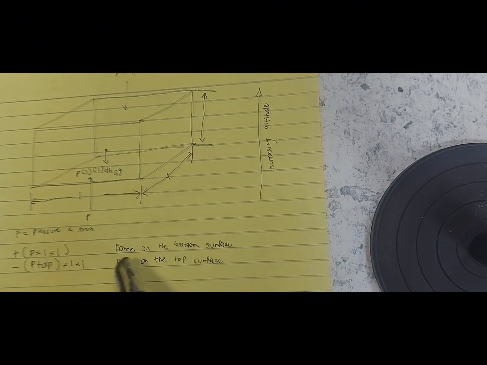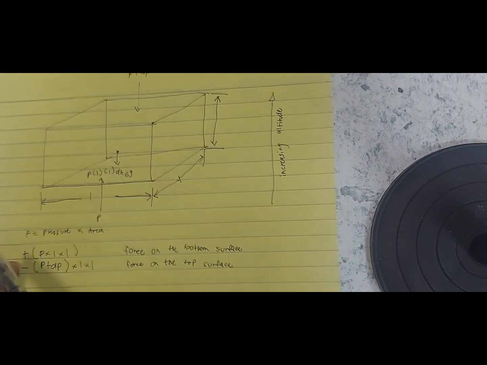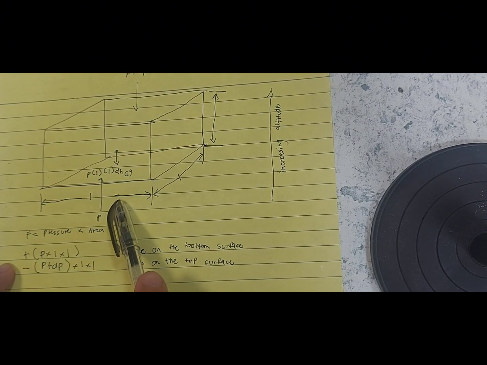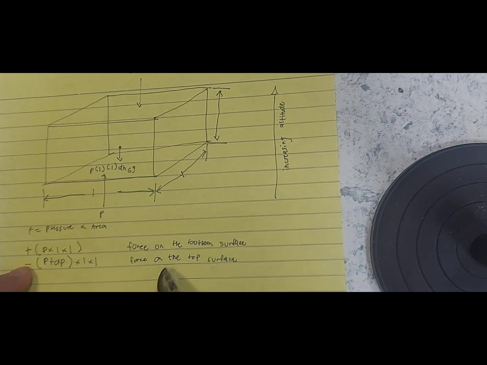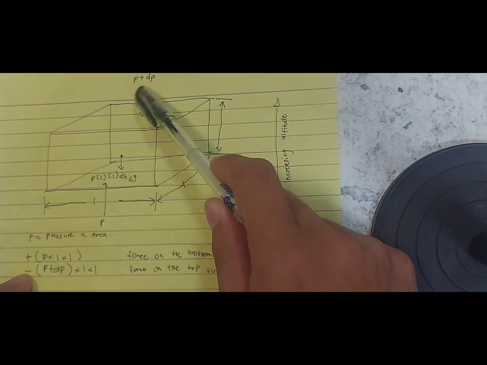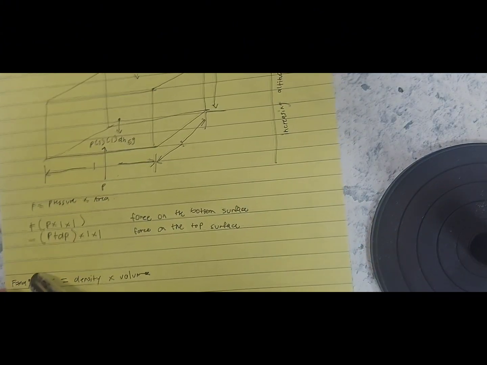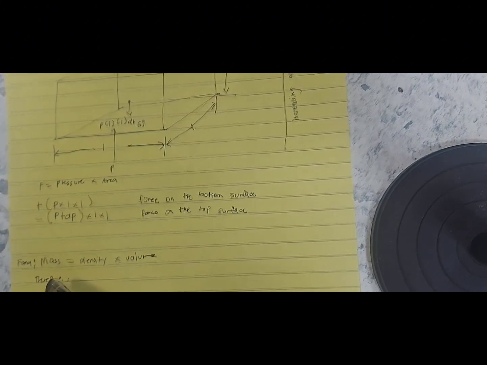The force on the bottom surface would be positive because we know that forces acting upward should be positive. Then the force on the top surface is acting downward, so it became negative.